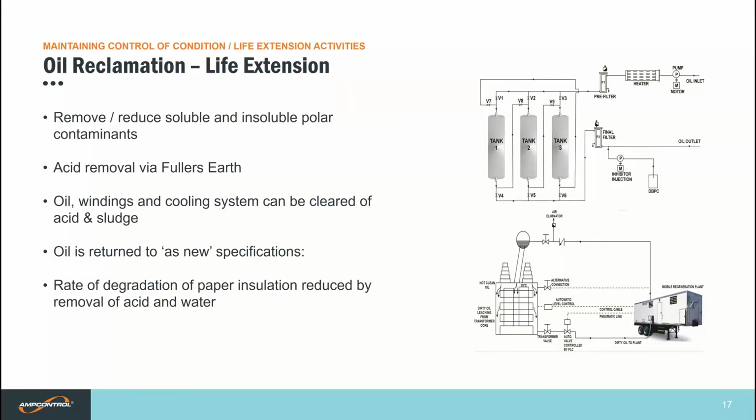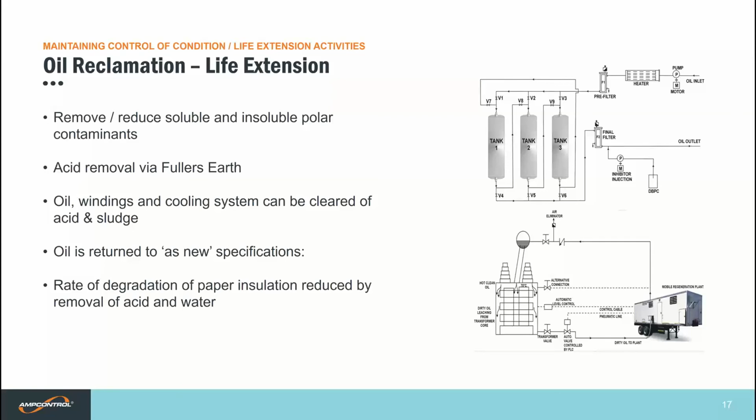Just a few more pages now. One of the recommendations I listed previously was oil reclamation, so I'd like to speak a little bit more about this. Reclamation is a life extension activity. It's applied to transformers where the oil acid levels are elevated. We maintain a fleet of mobile acid filtration trucks.